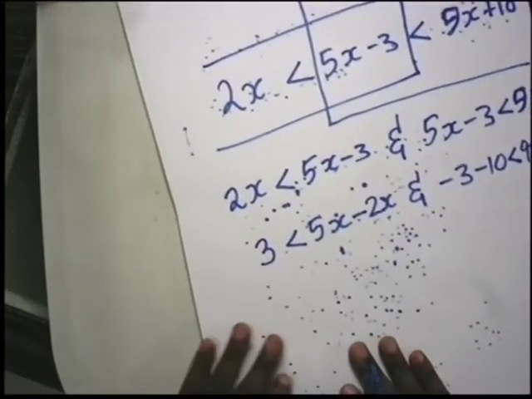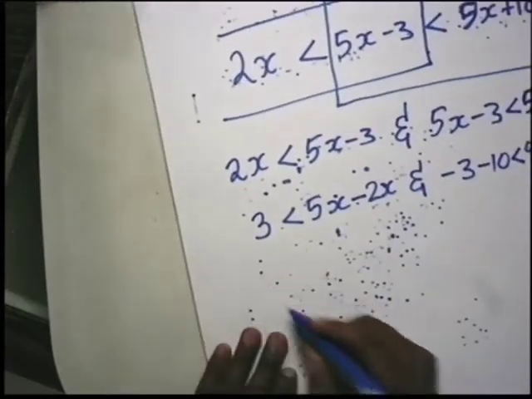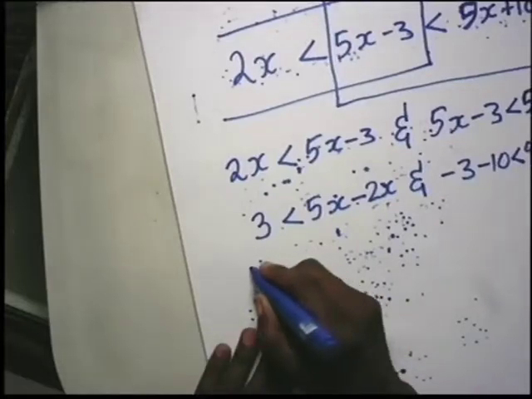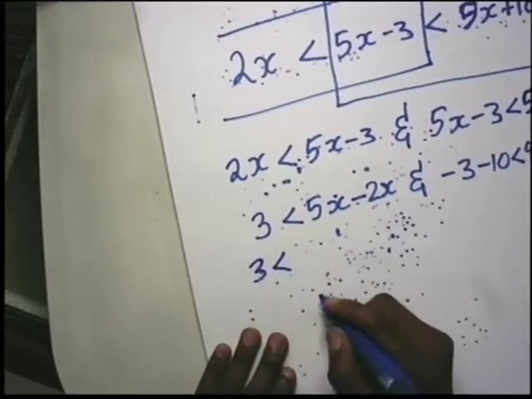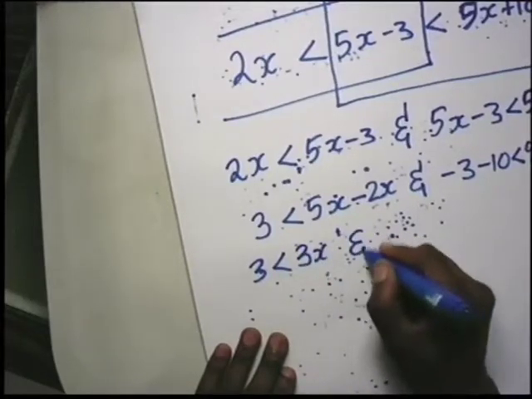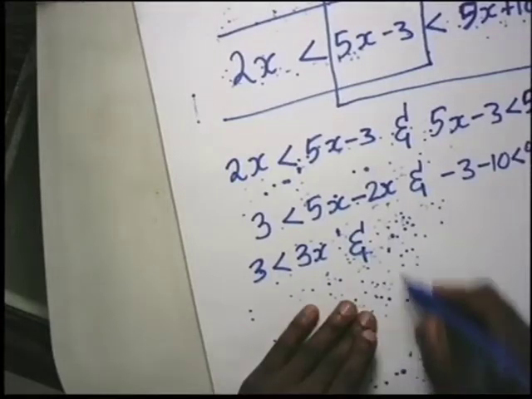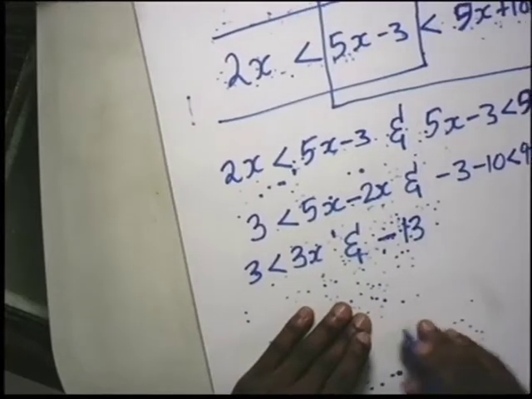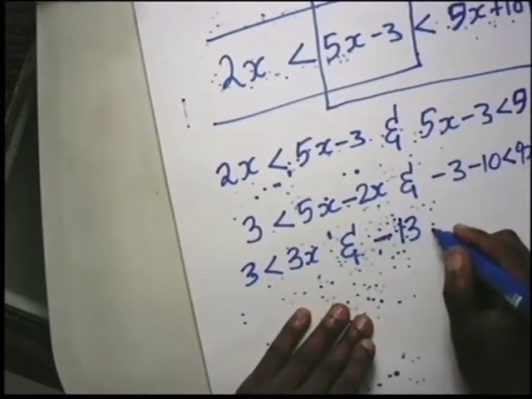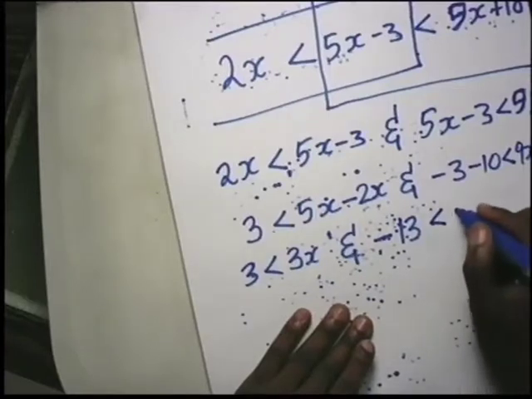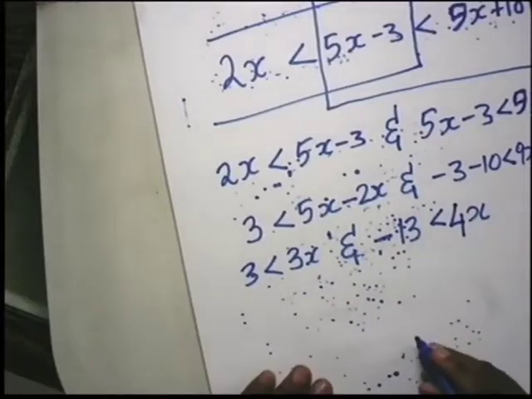So solving these two as we continue, now you have 3 less than 3x, and you have negative 13 less than 4x.